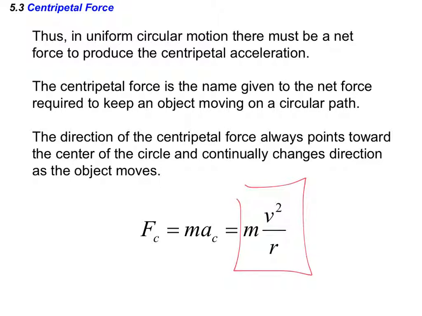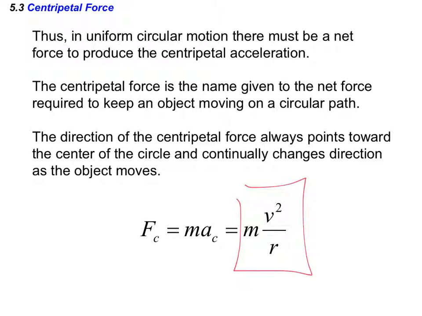Now, this is very important and is a lot of times a misconception when dealing with circular motion. The centripetal force is not a force that we put on a free body diagram like gravity. The centripetal force is a force that's already there, but is causing the centripetal acceleration.